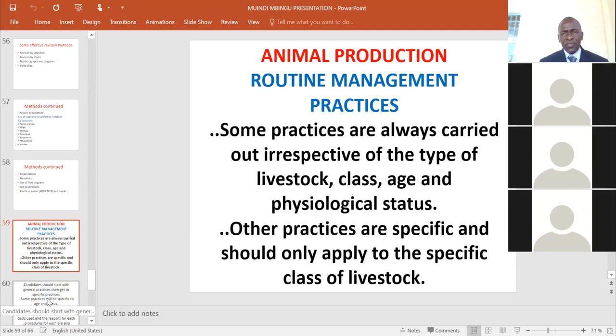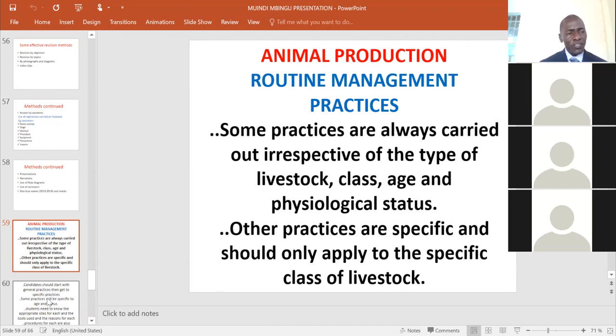paper 2. Some practices are carried out in virtually all livestock. It's important to know that, regardless of the class, the age, and the physiological status. While some practices are specific, a practice like docking is carried out on sheep, and in this case, the female sheep.